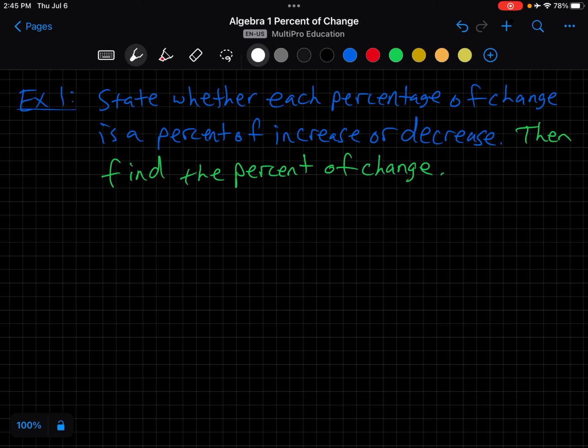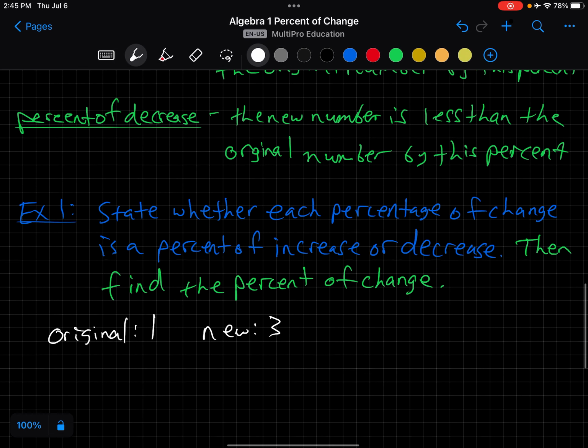All right, let's look at a problem here where we have the original number is 1 and the new number is 3. Okay, so the original is 1, the new number is 3.